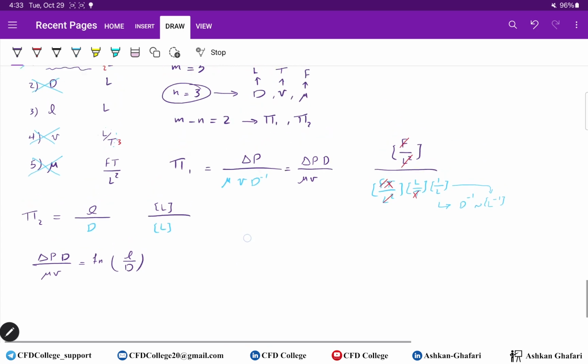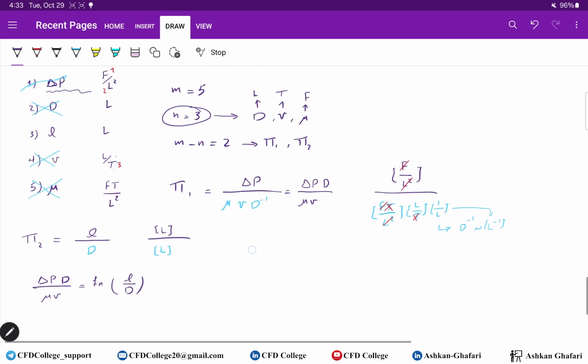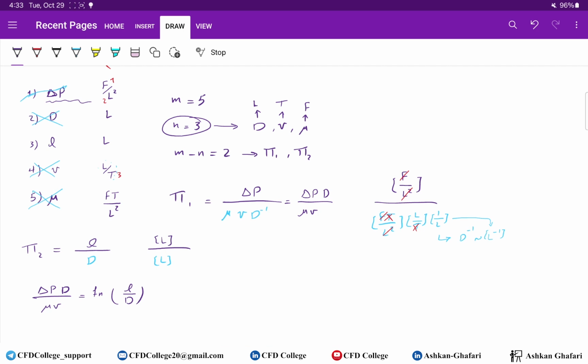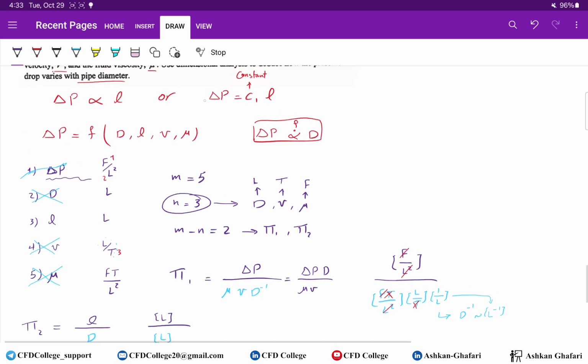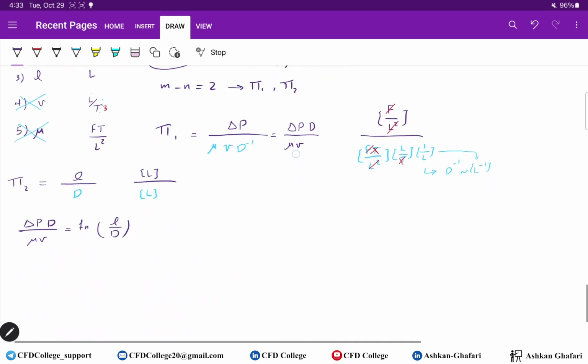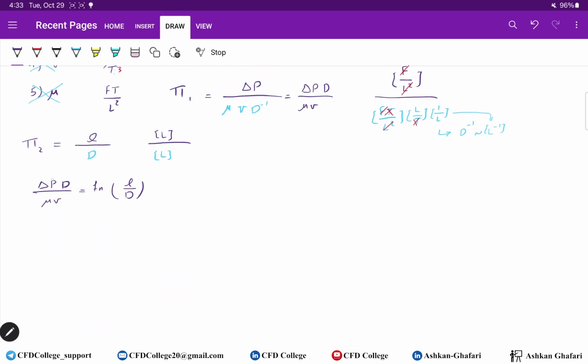Okay, now we have this relationship, and we know something. We know that the relationship between delta P and L is linear. Actually, delta P equals C1 times L. Here we have delta P, and here we have L. So we know that this function is a linear function.